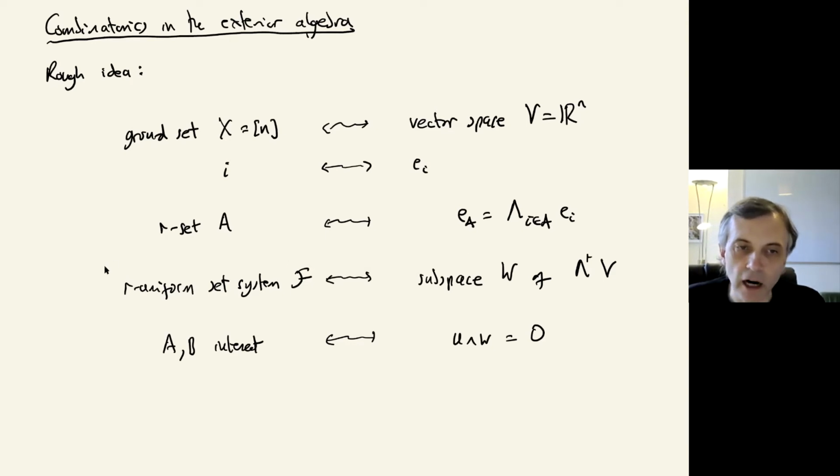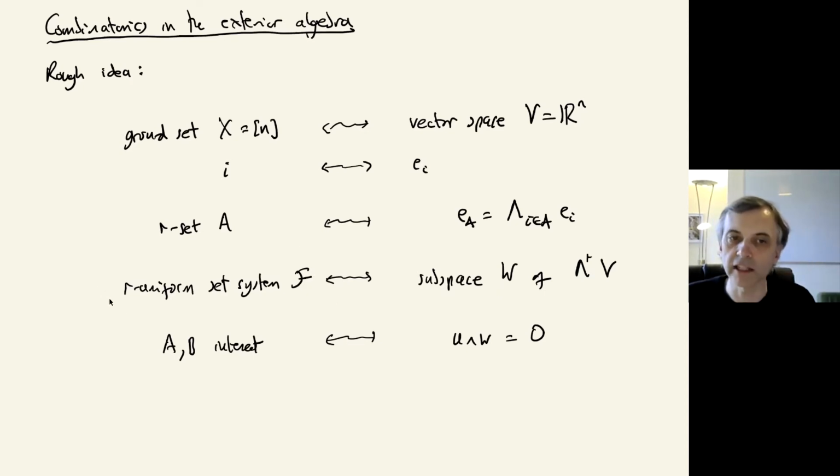Okay, so if I have an r-uniform set system, each r-set corresponds to something in the rth exterior power, some wedge of r basis vectors. So if I have a collection of r-sets, I can think of that as corresponding to a subspace of the rth exterior power. Now I should emphasize that the subspaces we're getting here are very nice subspaces because they're spanned by decomposable vectors.